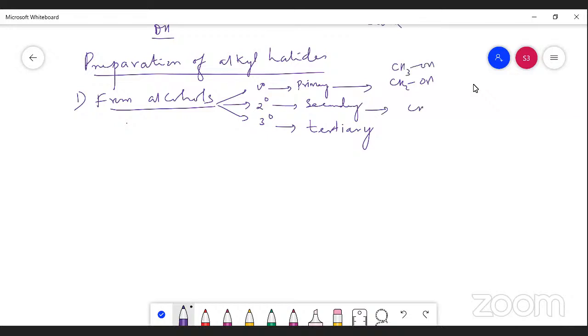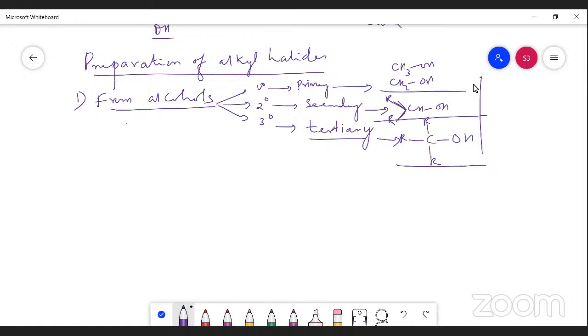Secondary means CHOH, where the carbon bearing the OH is attached to two alkyl groups. The tertiary is nothing but the carbon attached with three alkyl groups. This is the point we should understand. Primary, secondary, tertiary. Now, the preparation of alkyl halides from alcohol.